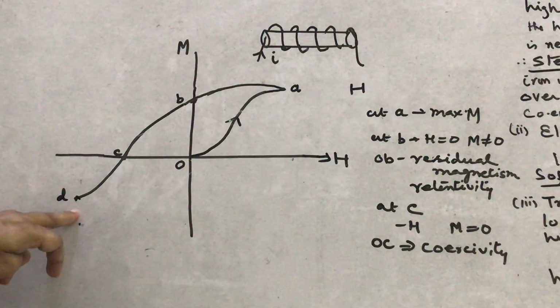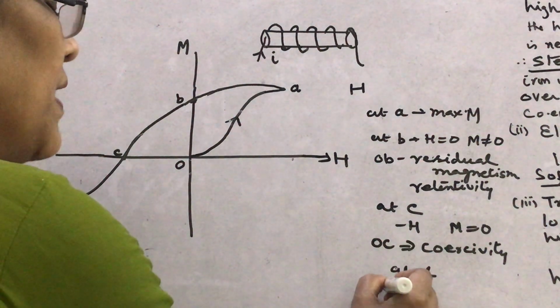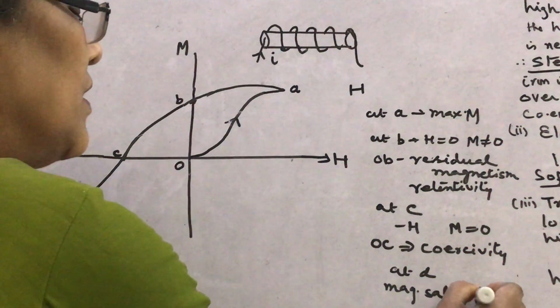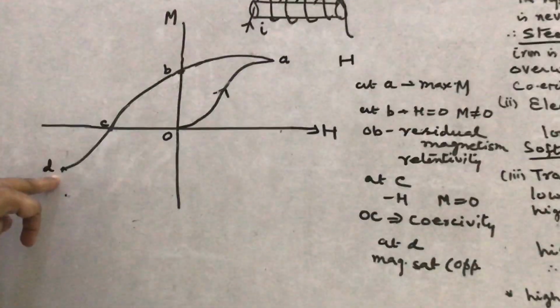So, here again at point D, what you observe is magnetic saturation in the opposite direction and the reverse magnetic field is here maximum.